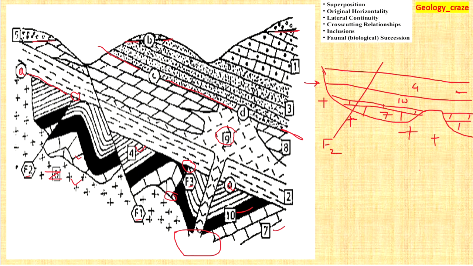I put one fault here. Now I am rebuilding the situation so that things should be clear. And one fault here. Are we able to get the same setup here, the folding and faulting?